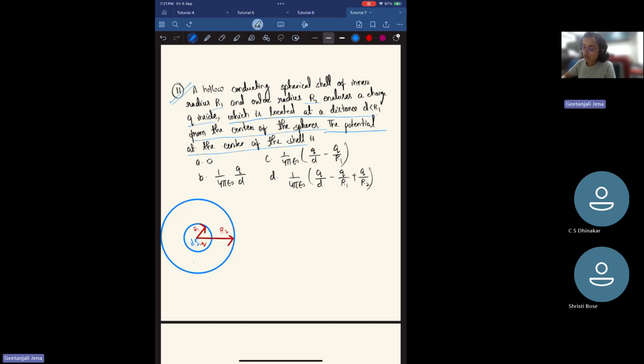You need to find out the potential at the center of this shell. First, calculate the induced charge, and from the induced charge, you can just use the formula for the potential to get the answer.